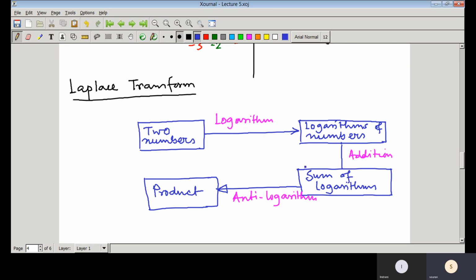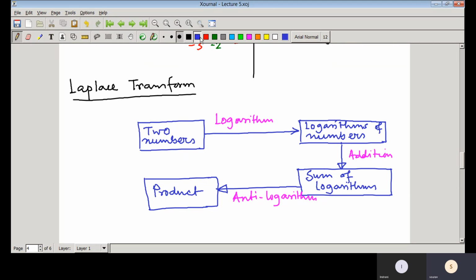So from this particular example, you can understand what we do in the case of simple two numbers when we take that product. First, if you take the logarithm, it comes into addition form, and if you take the anti-logarithm, then you will get that product.